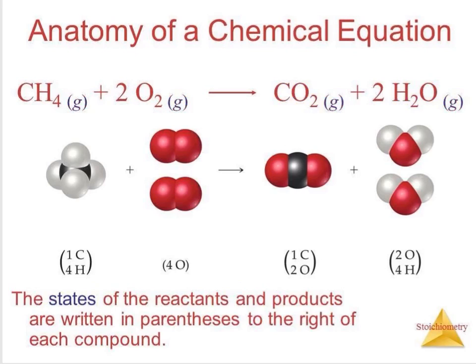The states of the reactants and products are also written in parentheses to the right of each compound to tell us their forms. For example, we have g, which stands for gas, corresponding to the given form of matter, methane. The same applies to oxygen, carbon dioxide, and water vapor.